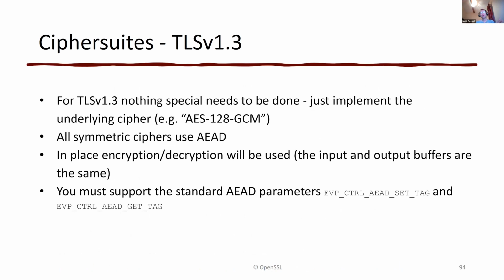So that was quite complicated for TLS 1.2. For TLS 1.3, it's much, much easier. There's nothing particularly special that needs to be done. You just need to implement the underlying cipher. So, for example, AES-128-GCM, you just implement it as if you weren't specifically supporting TLS.